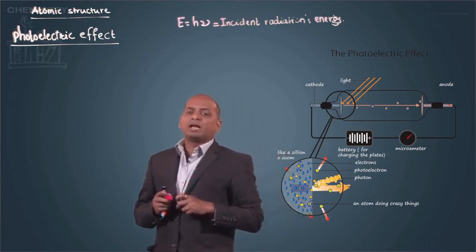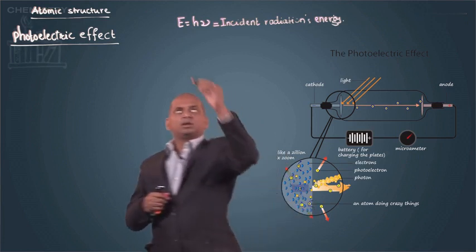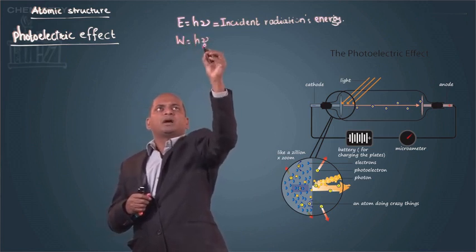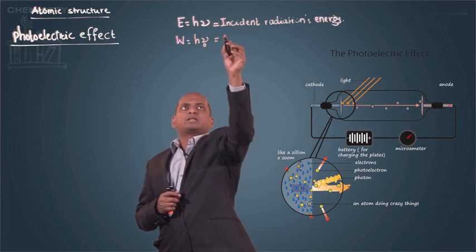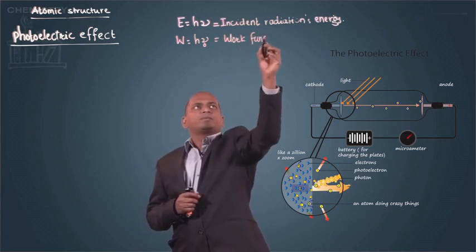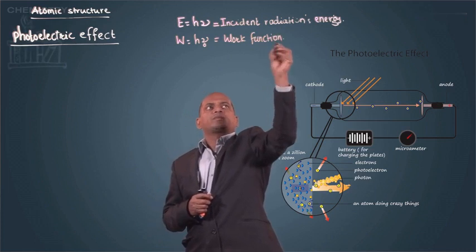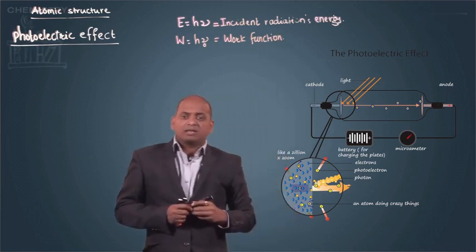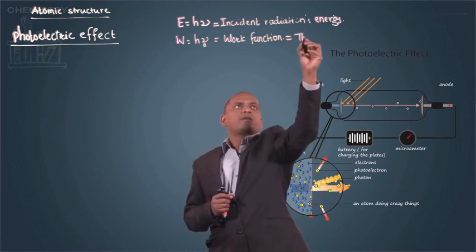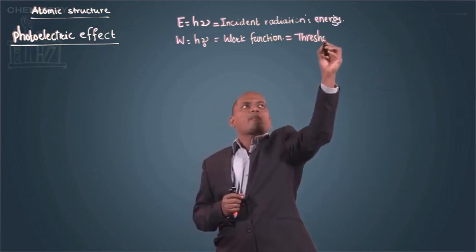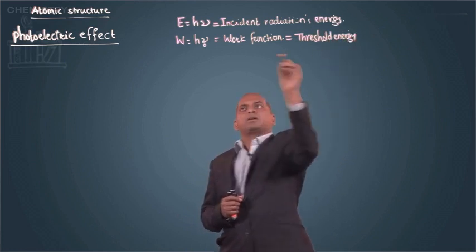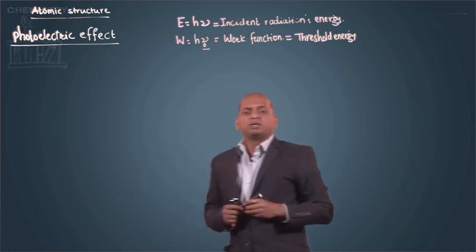That energy is called the work function, W, and it is represented by h nu 0. It is also sometimes called the threshold energy, and the frequency associated with it is the threshold frequency.